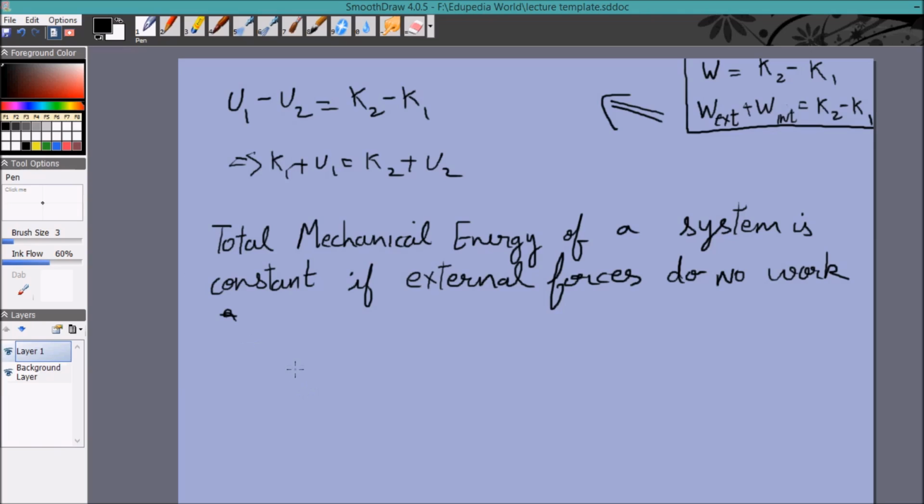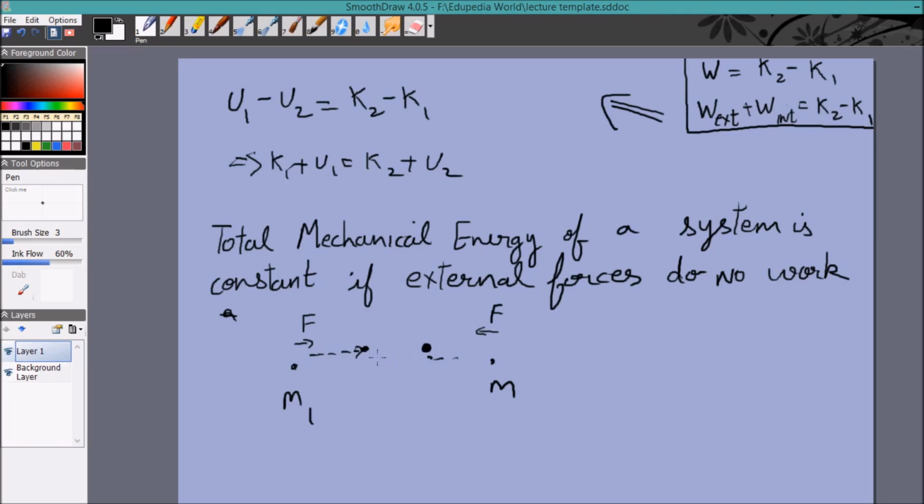So let's take our familiar case M1 and M2. Let's say they have a force of attraction towards each other. Initially, let's say they are at rest, so they have no kinetic energy, right? They might have some potential energy. When this M moves from this point to this point, and this M moves from this point to this point, the internal force will have done some work, right?